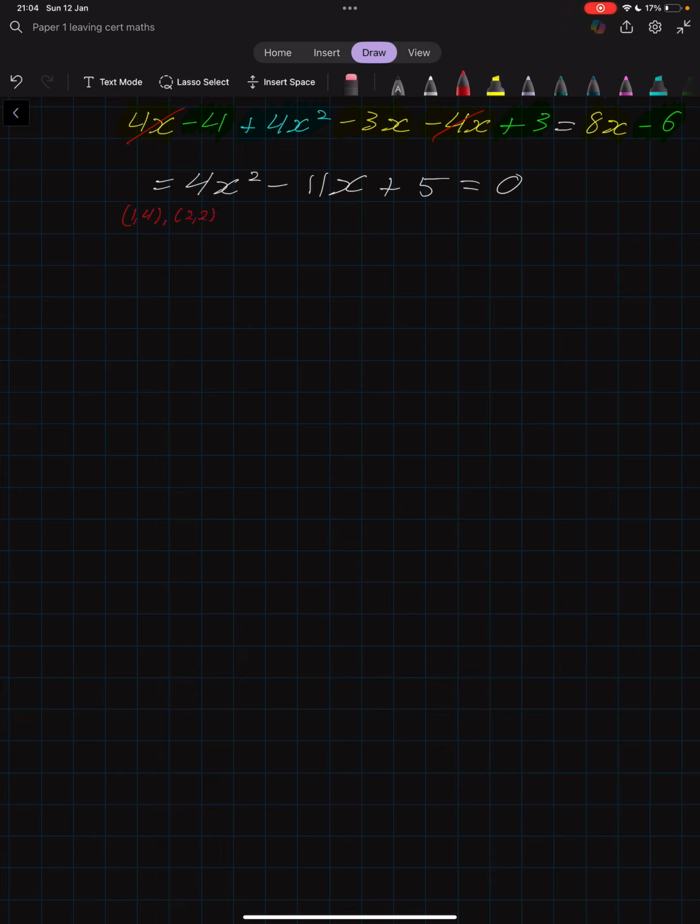So now, I'm going to try 2x and 2x. This is positive, which means the sign here and here must be the same, and it must be the same as this. So both of these are negative.